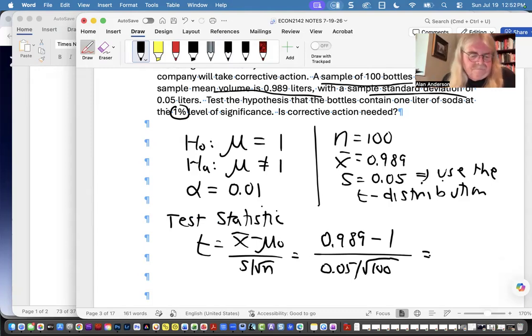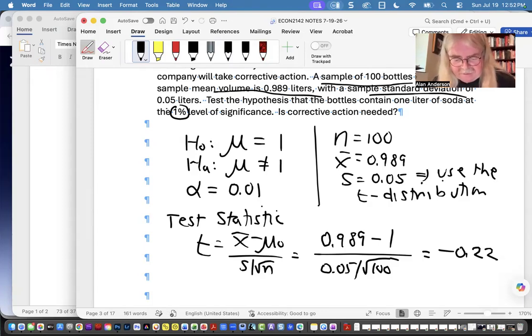Okay. I've got negative 0.22. Now, that's a very small number.